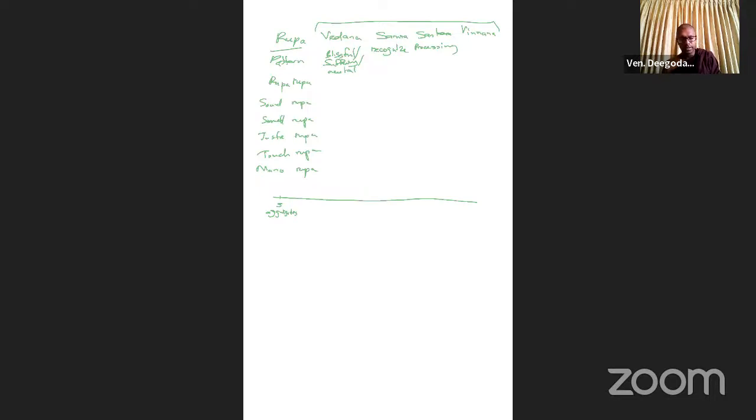As soon as the five aggregates are created, since they are sankata, or things that are created, there are three qualities or characteristics of things that are created. These things have a birth and they can change their nature, which is anicca.